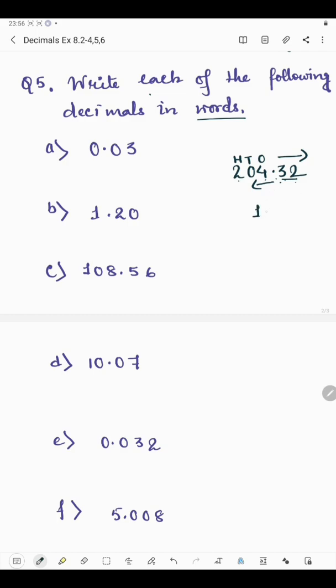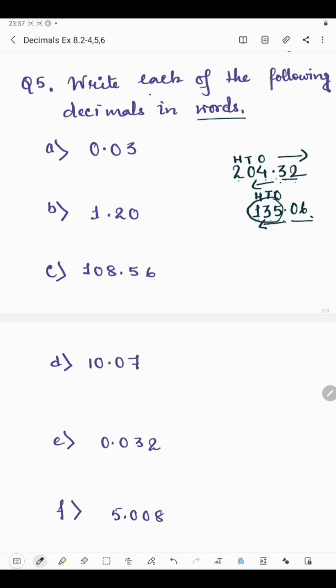Okay, let's take another example. Now as I said, before the decimal we will read the number as you used to do in junior classes, which is 135, as 1 is at hundreds place, 3 is at tens place, and 5 is at ones place, so it will be read as 135.